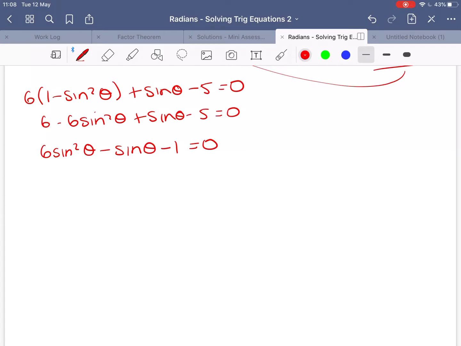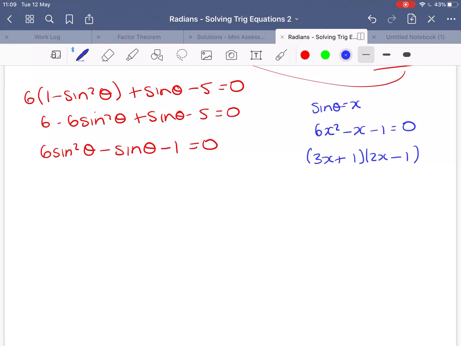So I've got a quadratic. I'm going to do my typical thing and say sine theta equals x. So I've got 6x squared minus x minus 1 equals 0. If I were to factorise that, I'd have 3x and 2x and a 1 and a 1, and it would have to be that way round.